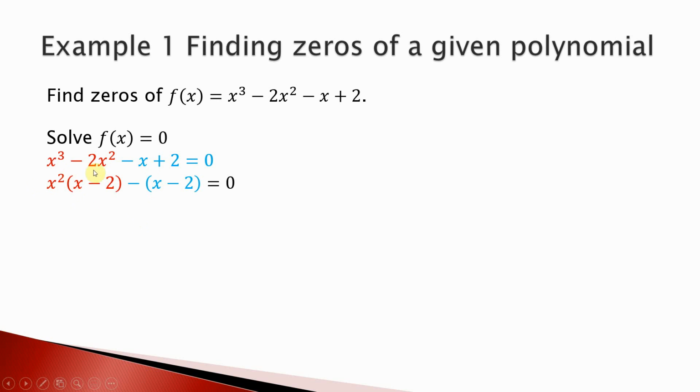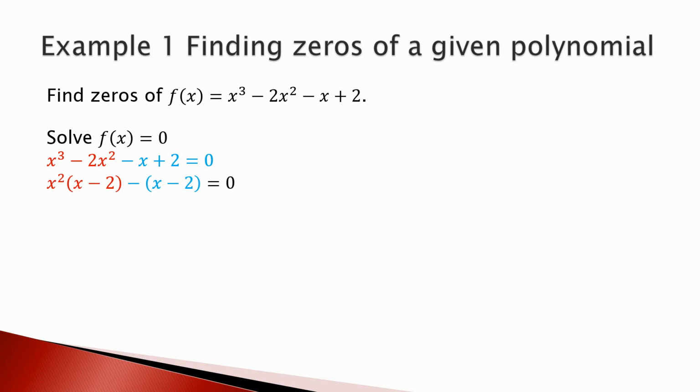Now from these two, is there a common factor among these two? X squared times x minus 2 and negative times x minus 2. So x minus 2 is common for both, so you can take out x minus 2 as a common factor. Not only things like x squared and negative 1 or 2, you can also take these big parentheses as common factors if they are common.